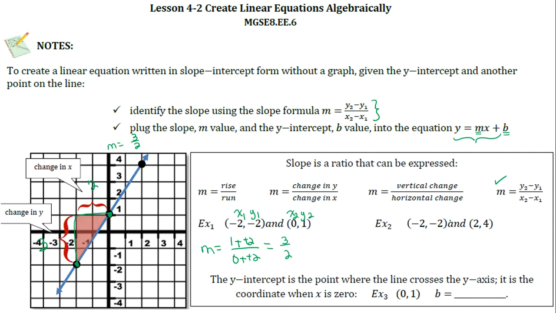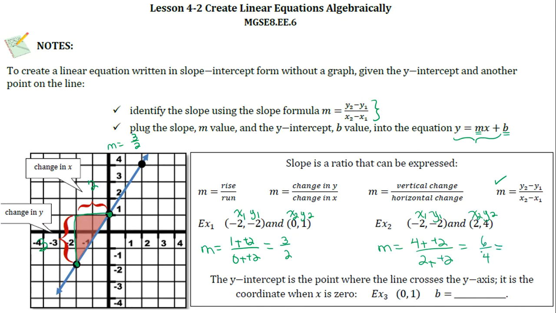Now let's find the slope between these 2 points. This is x1, y1, x2, and y2. Slope, y2 minus y1, over x2 minus x1. My rise is 6 and my run is 4.